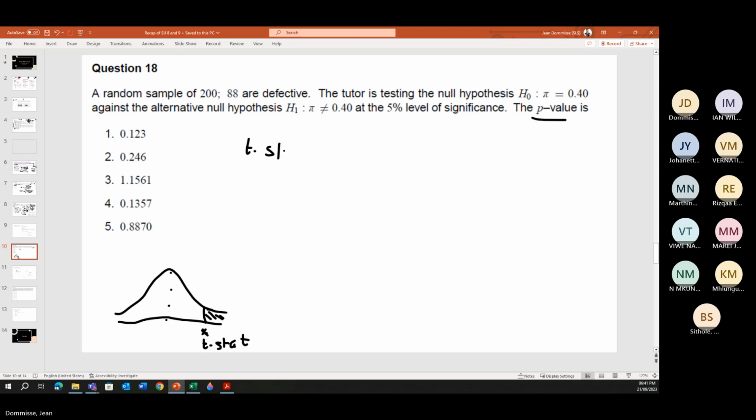This t-stat component we've done in study unit 7, and it is now also in study unit 9.